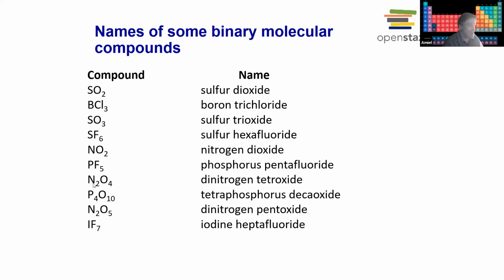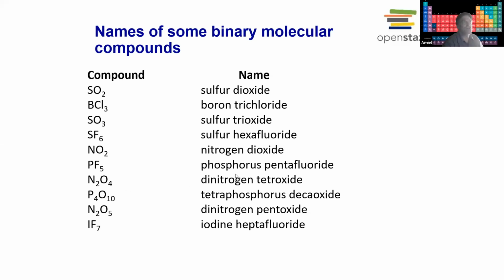And look at N2O4. Now you do need a prefix for the nitrogen because there's 2 of them. So this is dinitrogen tetroxide. P4O10 would be tetraphosphorus decaoxide, and so on and so forth.